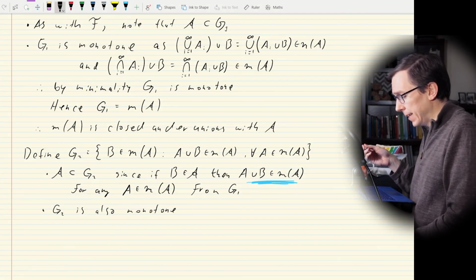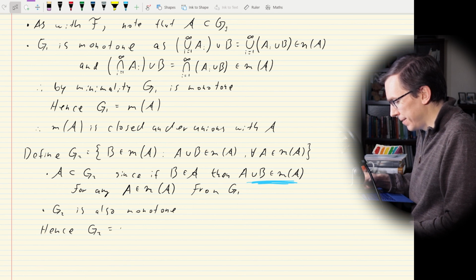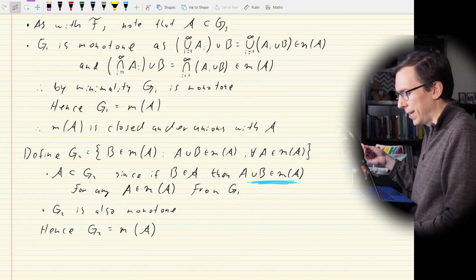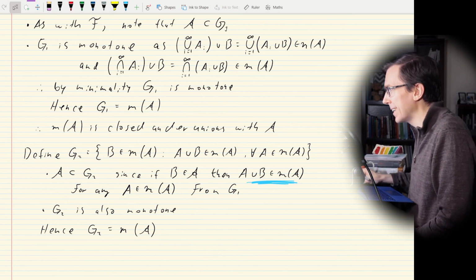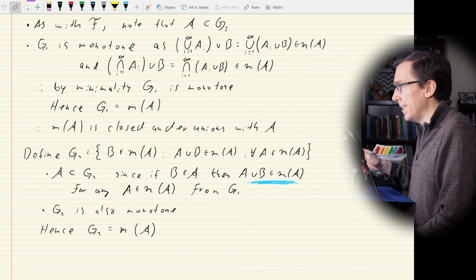All right, so in some sense, we're kind of done because hence G2 is going to be monotone. It's contained in M_A. M_A is the minimal monotone class. Therefore, they're the same thing. And then, yeah, we're done.